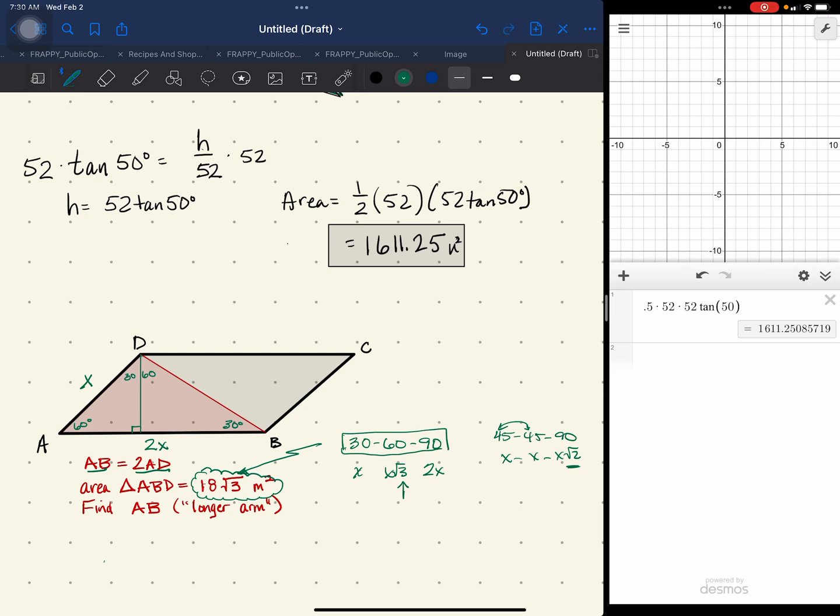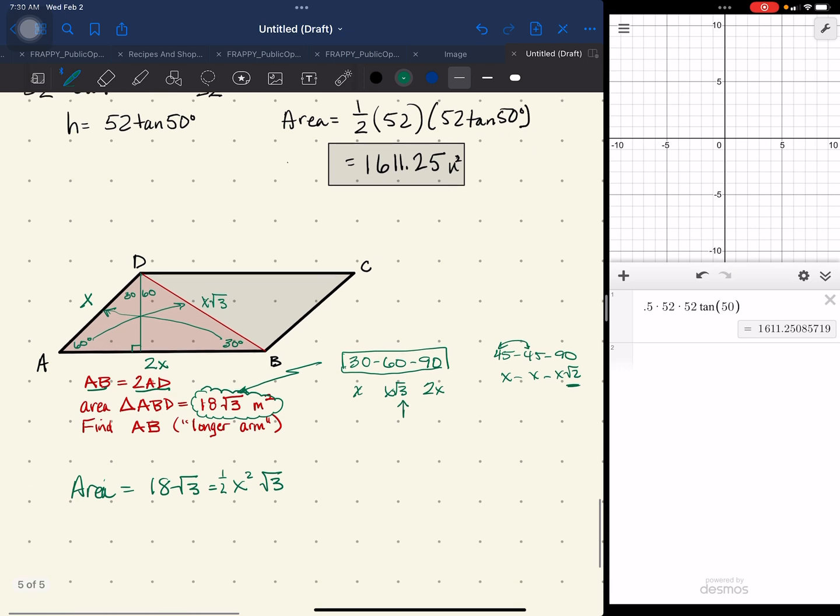If 30 is opposite the x here, look at this big triangle, then 60 would be x root 3, which means that my area, which we know is 18 root 3, would be one half x times x root 3, or one half x squared root 3.